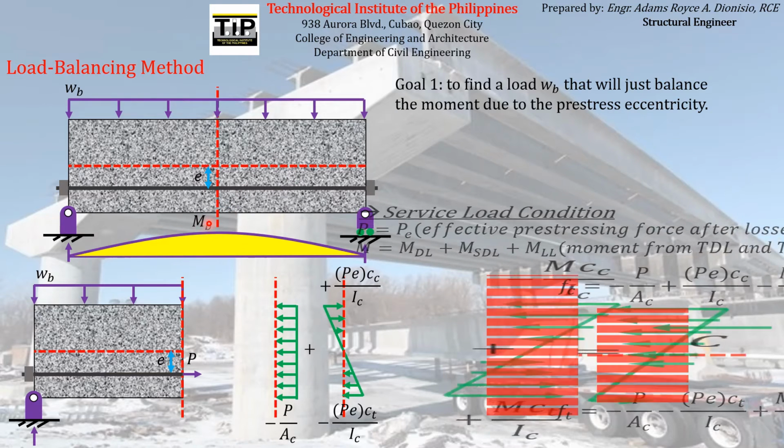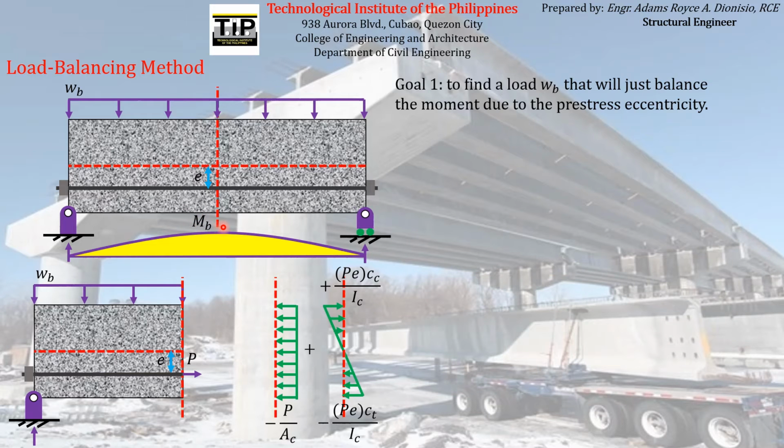And actually, that balance moment that is being induced by this balance load will again produce what we call flexural stresses because we know that on this condition the pre-stressing force acting on the pre-stressing reinforcement produces what we call axial stresses combined with the flexural stresses due to the eccentricity of the pre-stress force.